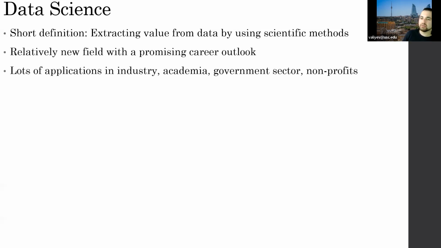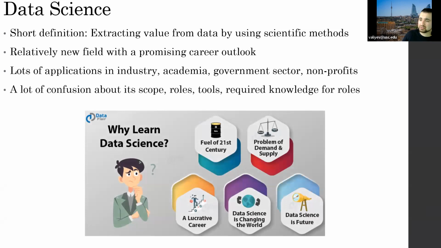And there are lots of applications in industry, academia, the government sector, and non-profits, like everywhere. But there is also a lot of uncertainty and confusion about the scope of data science and about the roles. There are data scientist jobs, machine learning engineer jobs, or data analyst jobs. So there are many roles, and the scope even for the jobs is not very well defined.